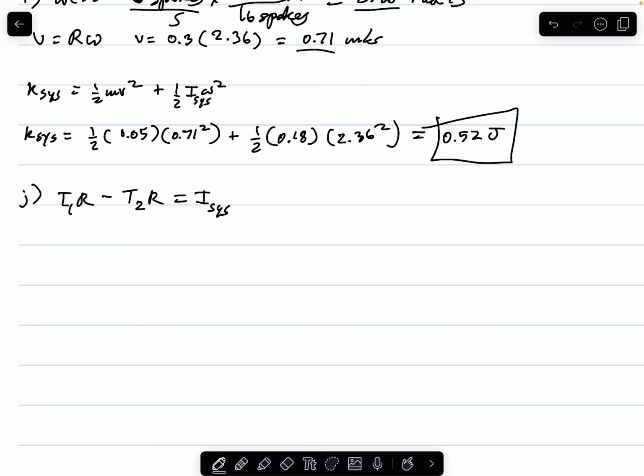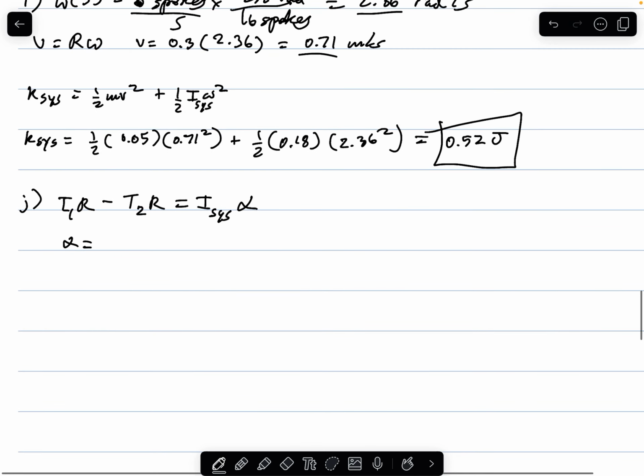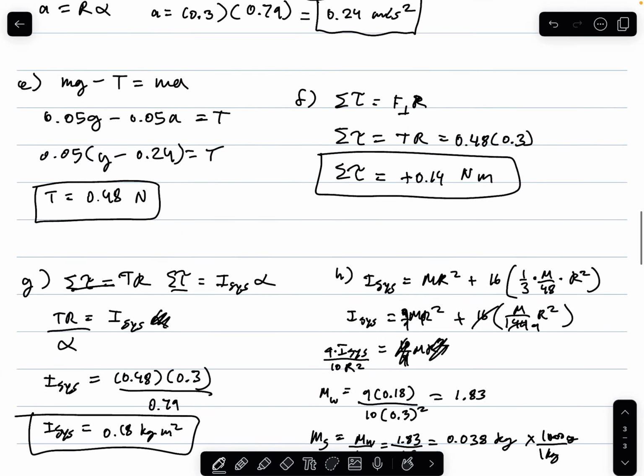You're going to have the same moment of inertia of the system because the wheel doesn't change. And you're also going to have the same angular velocity, because that's what I think the problem said, right? Yeah. It has the same angular speed versus time graph, so that's why it's also going to have the same angular acceleration. And the angular acceleration we found before was 0.79.